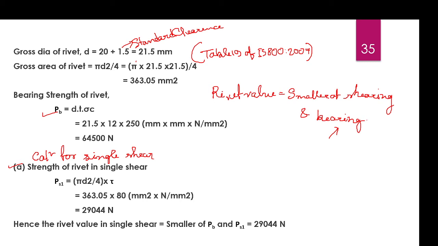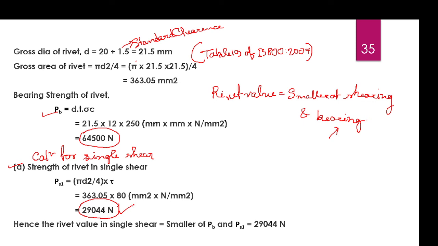Multiplying both, we can have the single shear value as 29,044 Newton. Comparing these two values, we take the lower, 29,044 Newton.